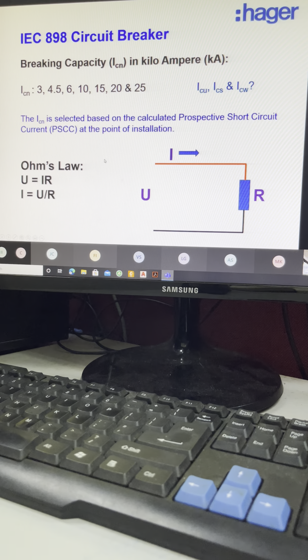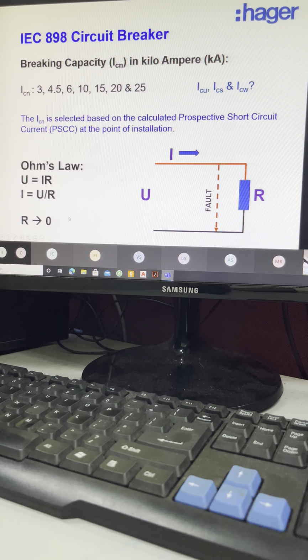But during short circuit, the impedance between this point and this point is no longer this R, but is actually approaching zero. When there is a short circuit, the impedance is almost zero.